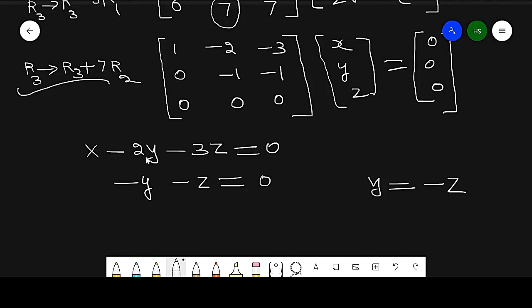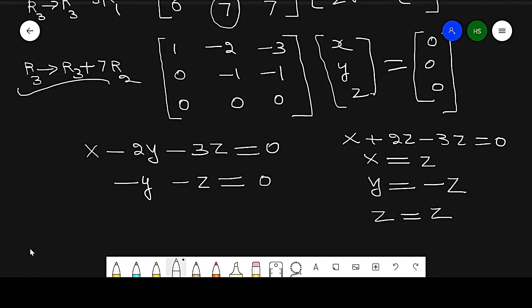When we substitute this in the other equation, we get the equation in terms of x and z. So when we substitute, this will become x plus 2z minus 3z equal to 0. So here x we get equal to z. So y is minus z and z is again z.